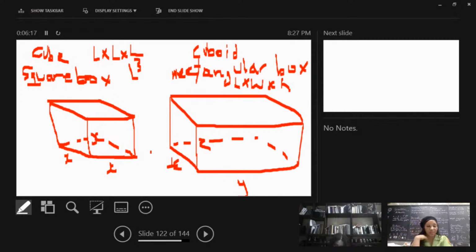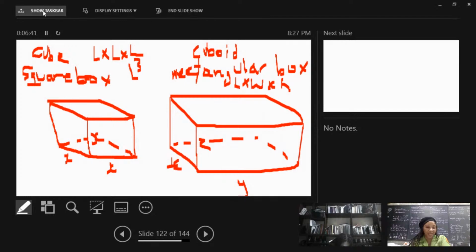Especially so for prisms where the top has a similar shape as the base. So the cube is a square prism and the cuboid is a rectangular prism. So the general idea is we find the area of the base and we multiply it by the height.